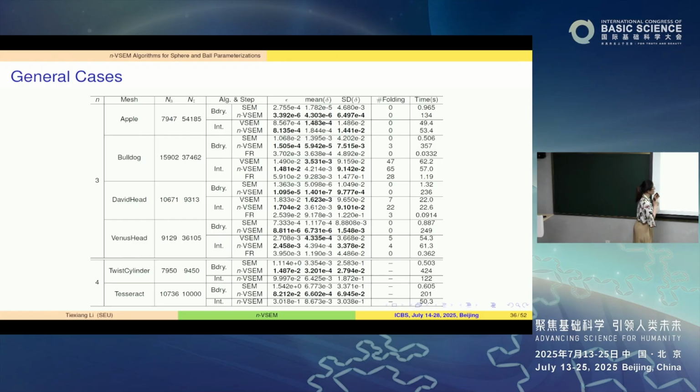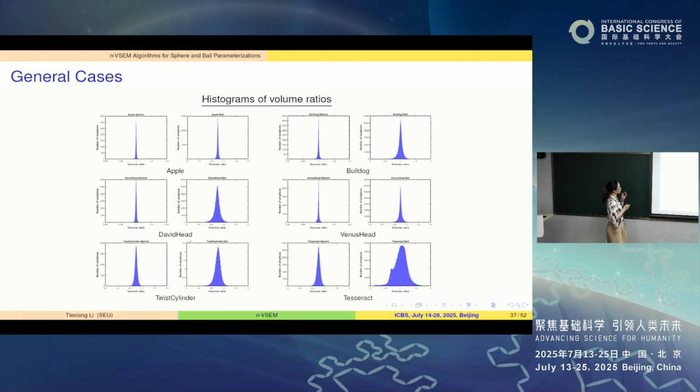Usually we can see that our method can get a more accurate result, and SEM is very fast. Okay, and let's see the histograms of local volume ratios. We hope that the map is mass preserving.